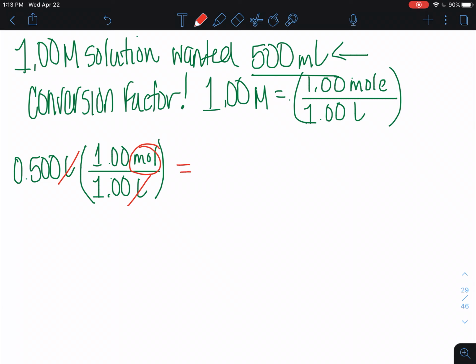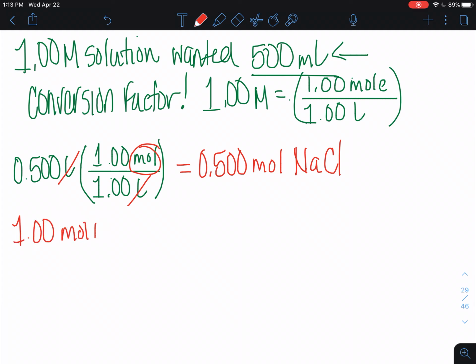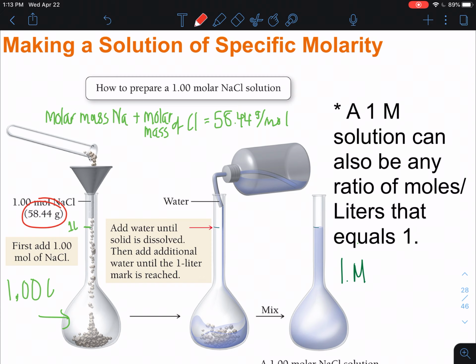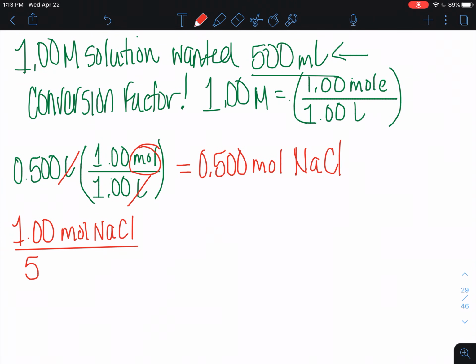So that means we would have 0.500 mole NaCl. For every 1.00 mole NaCl we have to weigh out 58.44 grams.